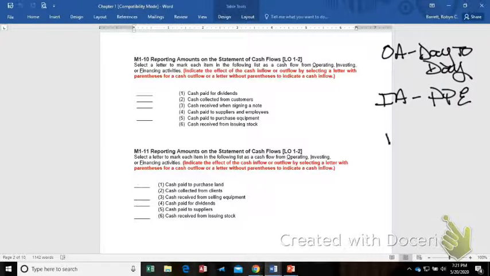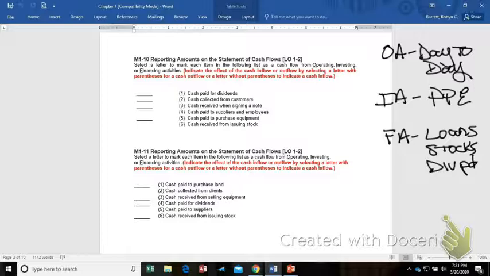And then financing activities are loans, stocks, and dividends paid. All right, now with those hints, try to do 10 and 11.